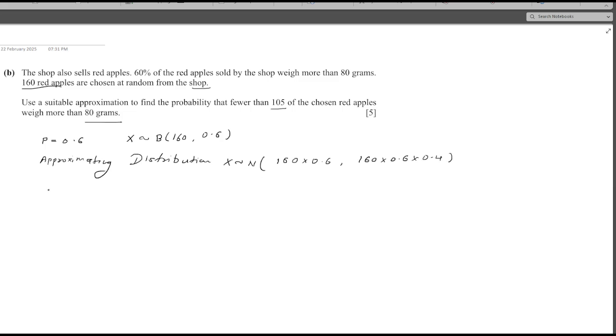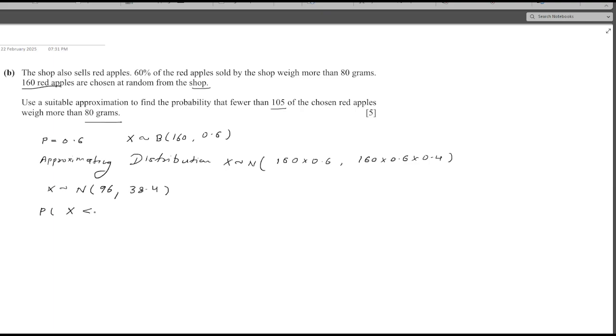So X follows a normal distribution with mean 160 times 0.6, which is 96, and variance 160 into 0.6 into 0.4, which is 38.4. So 38.4 is variance.